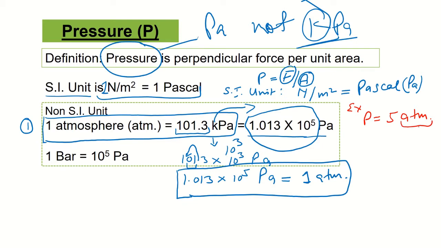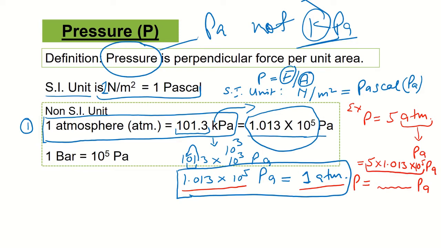You have to change atmosphere to Pascal, using the relation between them. So 5 multiplied by 1.013 into 10 to the power 5 gives Pascal. After the multiplication the pressure will be in Pascal, and you use this number for the calculation.